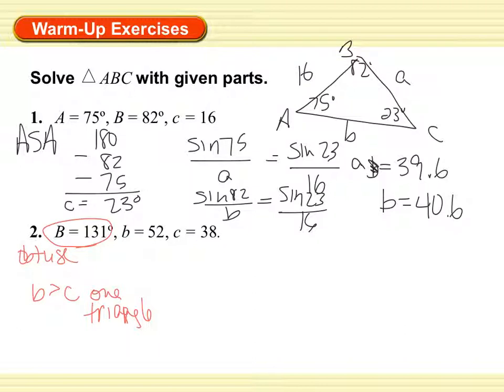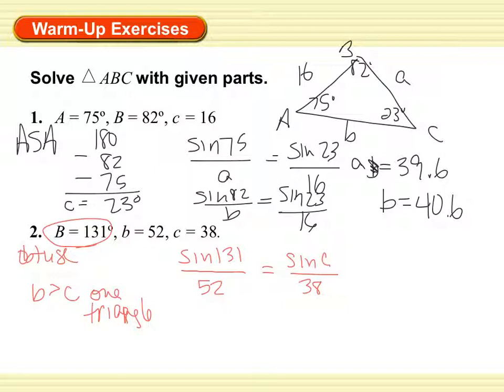So that's just checking that chart on page 587. So we can go ahead and solve this one. Since we know we only have one triangle, I can say that sine of 131 over 52 equals sine of C over 38.